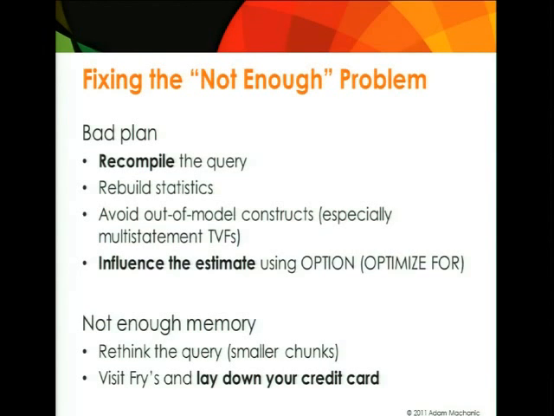Avoid like the plague. If all else fails, last resort, use option optimize for and tell the query optimizer what it should do. If you don't have enough memory, either break the query into smaller chunks or go to the electronics store and buy some new RAM and go slap it in your server. Your choice.